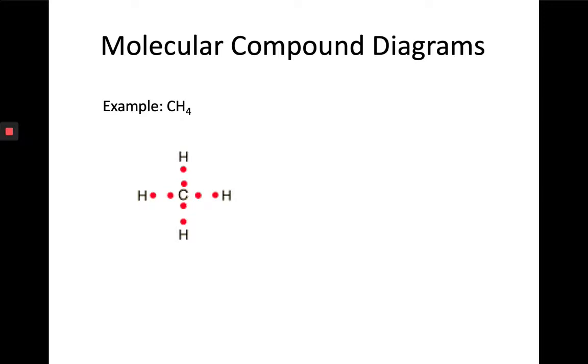When we pair them together, we get something like this, remembering again that our paired electrons are shown with these dashes or bars. So it's just as simple as that, just remembering how to draw our Lewis diagrams, and then showing our pairings between the atoms as these bars here.